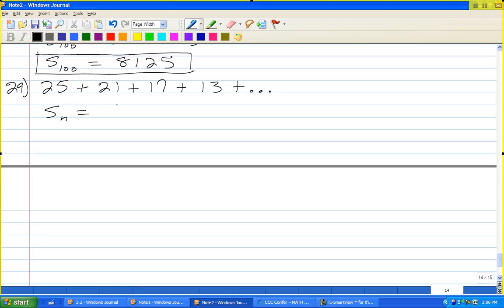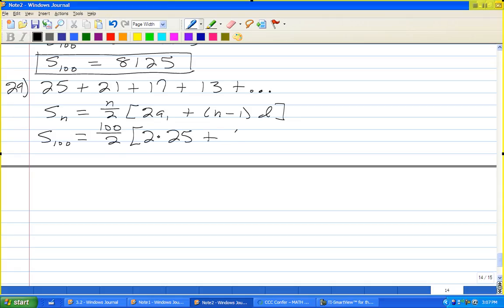We don't know the last term, so we'll use this formula. n over 2 times 2a1 plus n minus 1 d. Add up the first 100 terms. The first term is 25. We're adding up 100 terms. And to go from one term to the next, you keep subtracting 4.